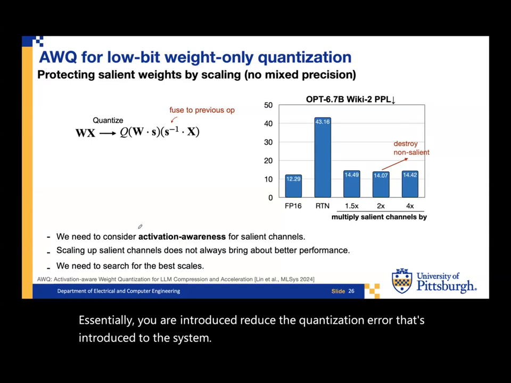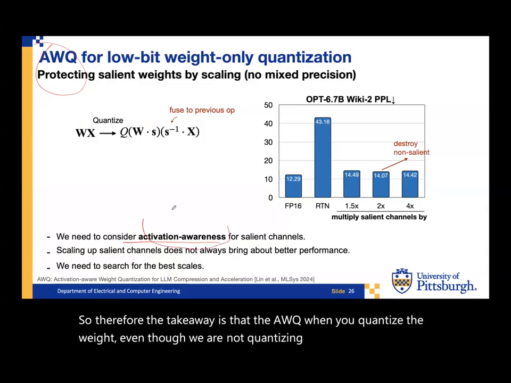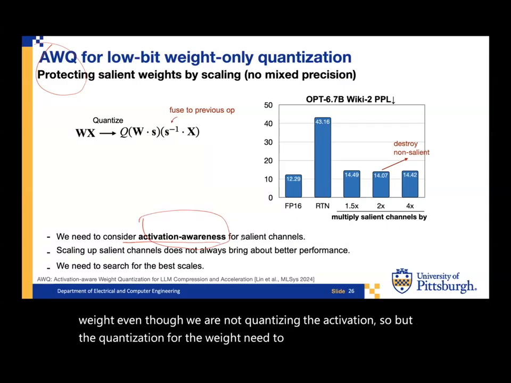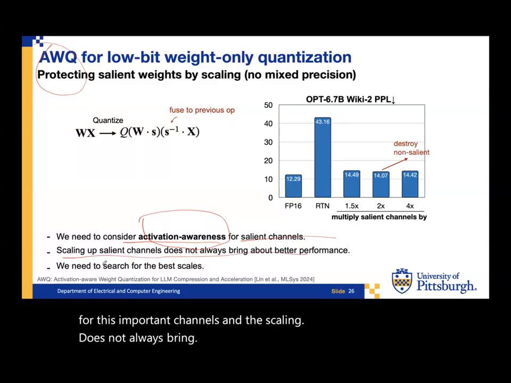Therefore the takeaway is that with AWQ, even though we are not quantizing the activation, the quantization for the weight needs to be activation aware, for these important channels. And the scaling does not always bring good, so we need to find what is the best scale.